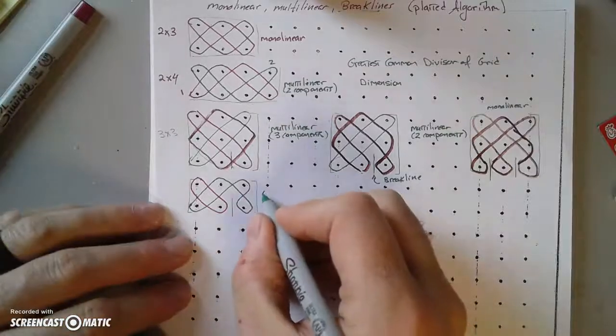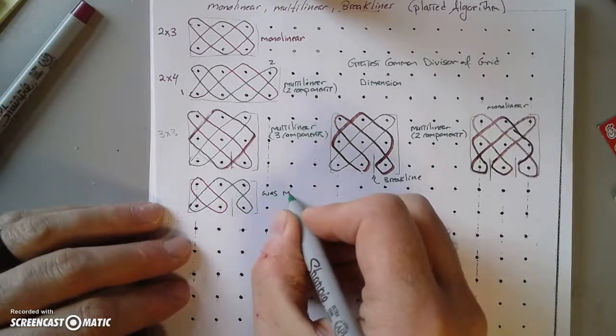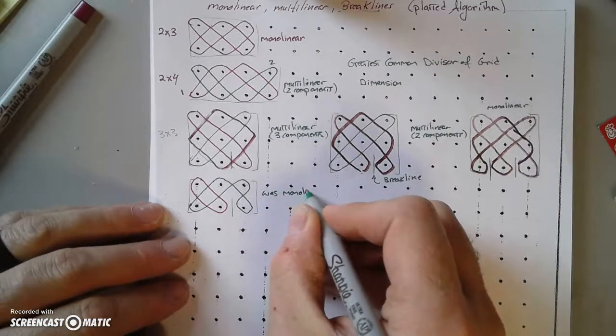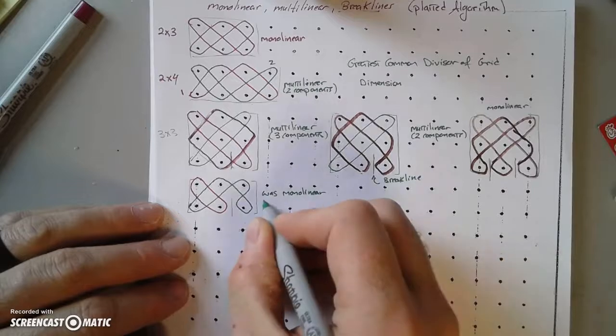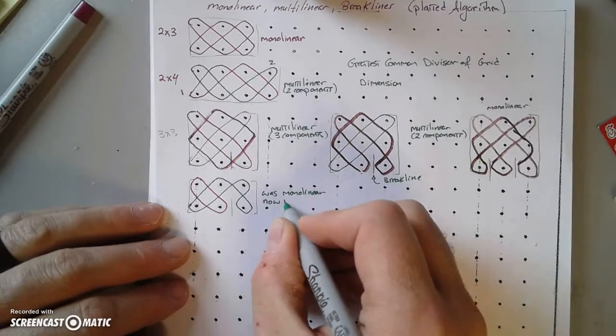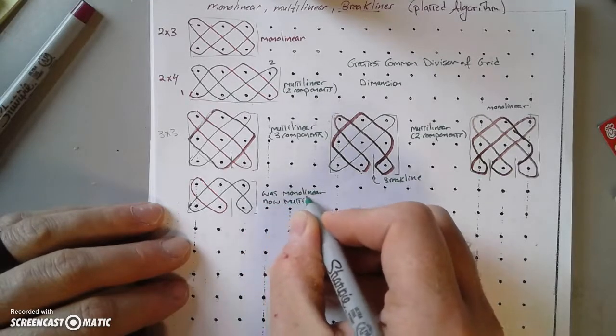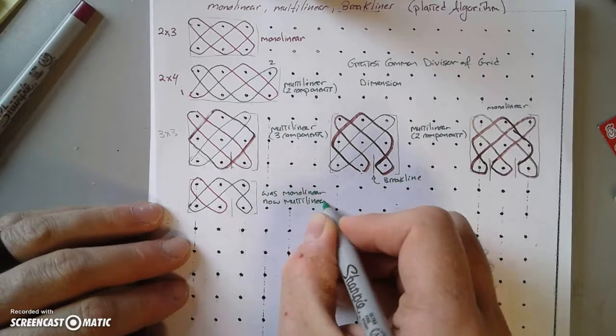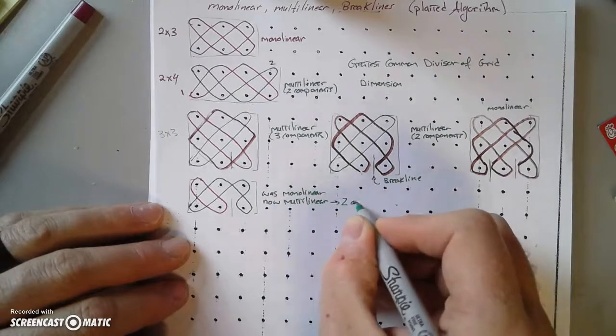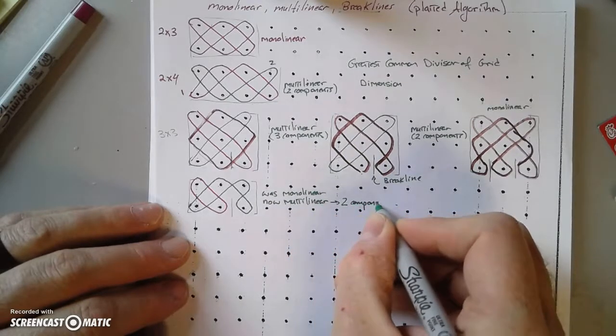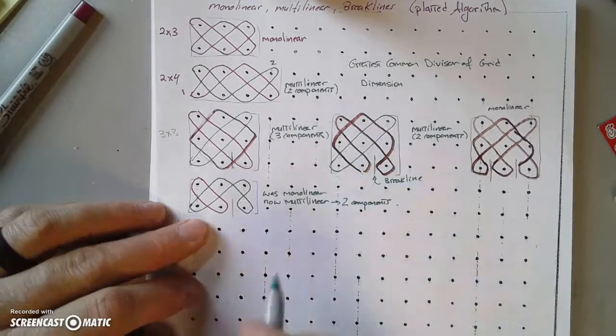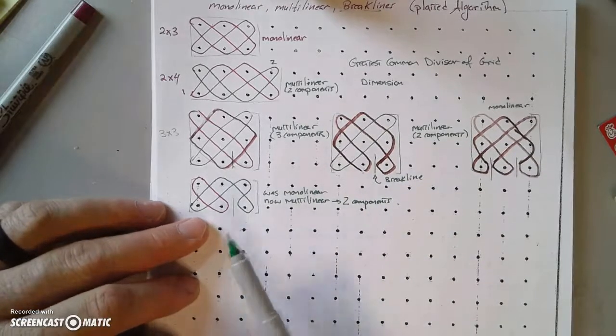So this was monolinear, is now multilinear. Two components, two pieces. So break lines can increase or decrease.